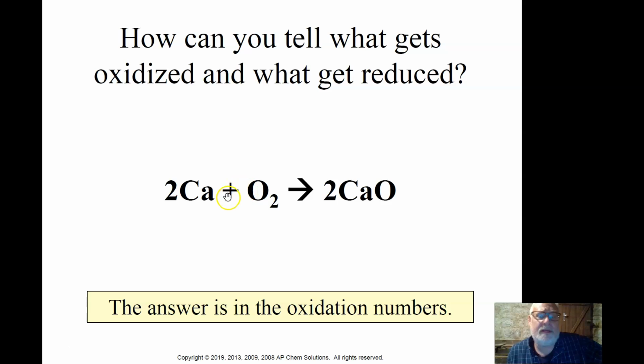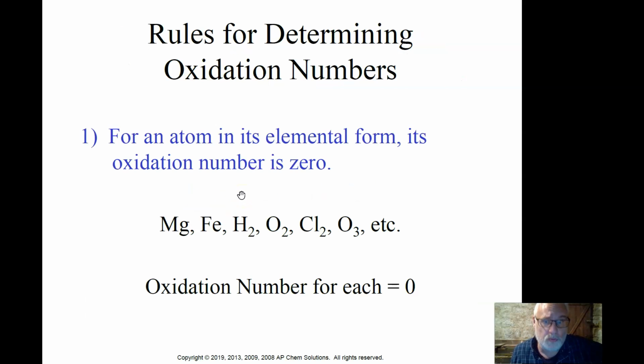It says, how do you know what gets oxidized and what gets reduced? I mean, certainly you can predict that calcium is a +2 charge and oxygen is a -2 charge, but getting on top of what the rest of them are, you've got to remember your oxidation rules. One of the first rules is an element in its pure form, in its natural form, and even if it's not its most common form, if it's not combined with any other different element, all of these would have an oxidation number of 0.